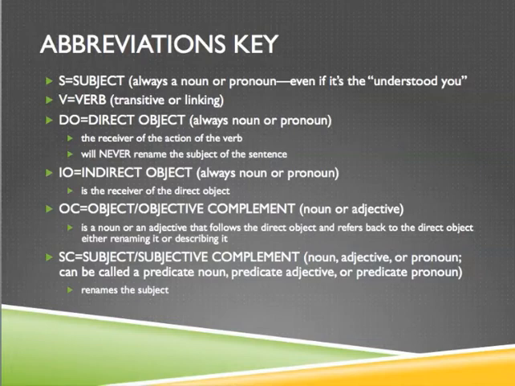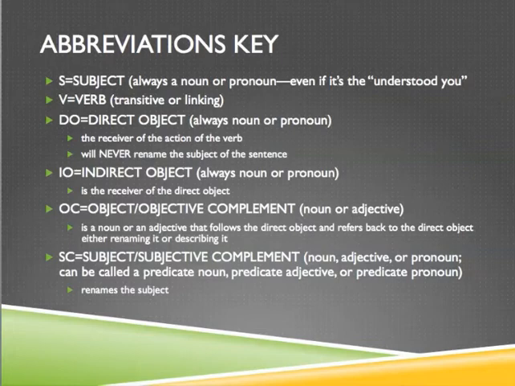Here it's a noun, an adjective, or a pronoun, but it can also be called a predicate noun, predicate adjective, or predicate pronoun. So you may have heard it either way or just one of those ways in your previous educational career. And your subject complement always renames the subject.